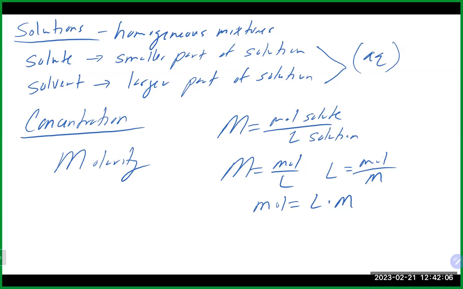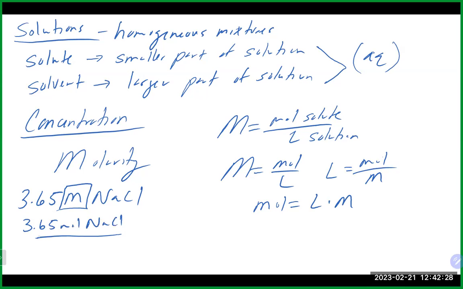So if you have something that is 3.65 molar sodium chloride and you're doing a calculation, it is highly recommended that you get rid of the big M and convert it into a conversion factor where you see both units. That means there are 3.65 moles of sodium chloride in a liter.